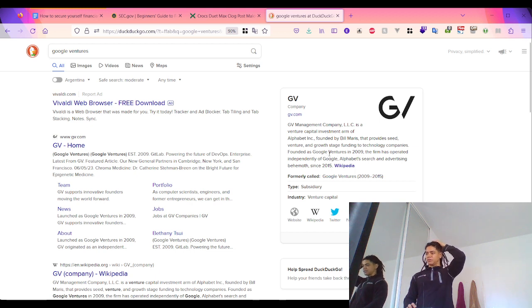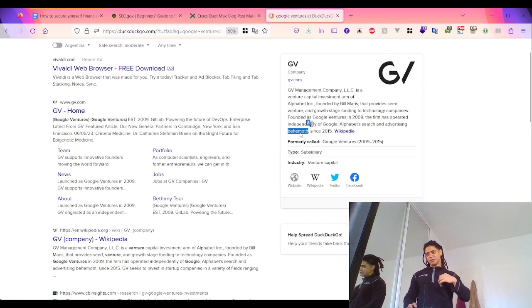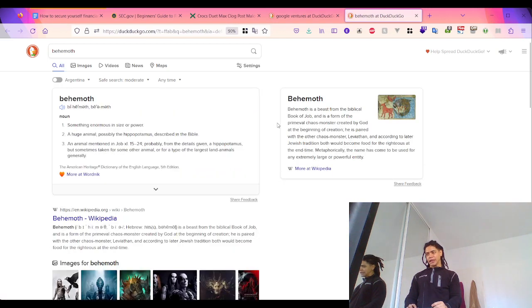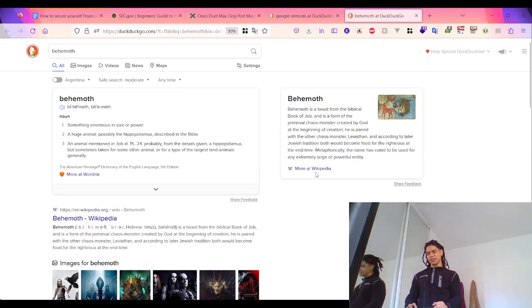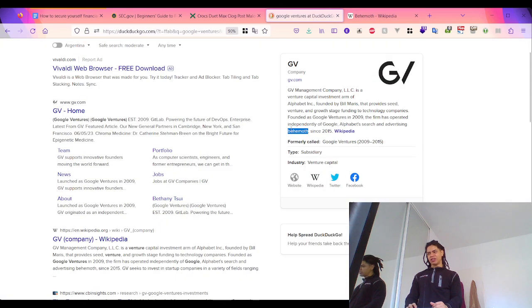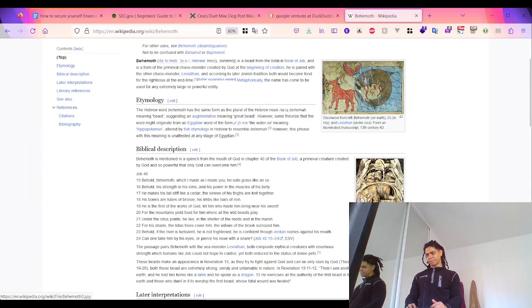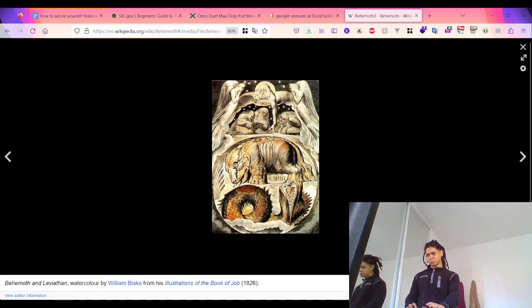Alphabet, search and advertising behemoth. Behemoth. It's like a demon. Even the name they use to describe that colossal. Alphabet, search and advertising behemoth. Holy behemoth and the Leviathan.